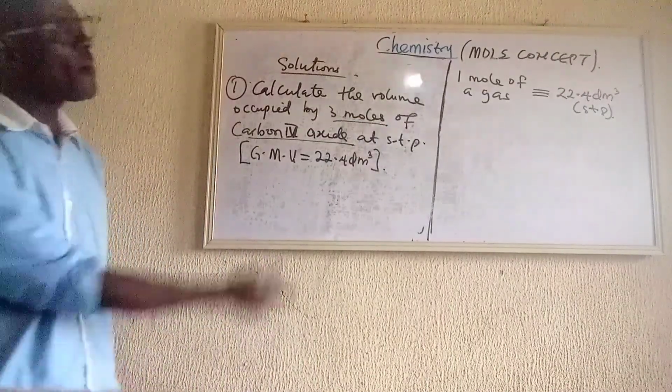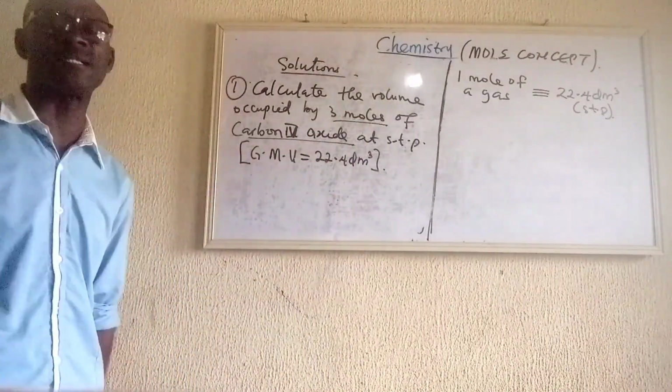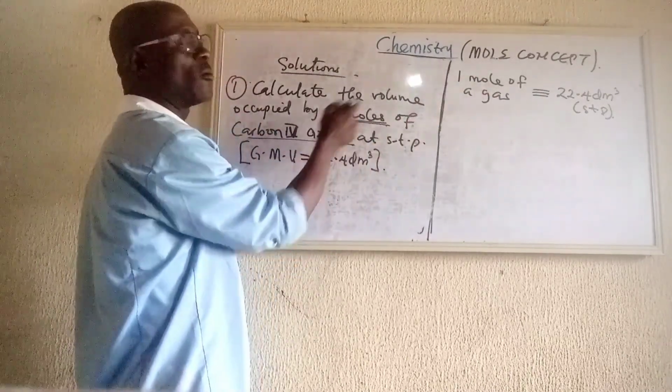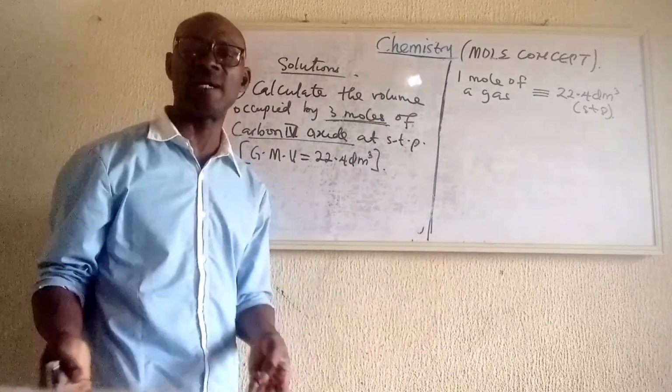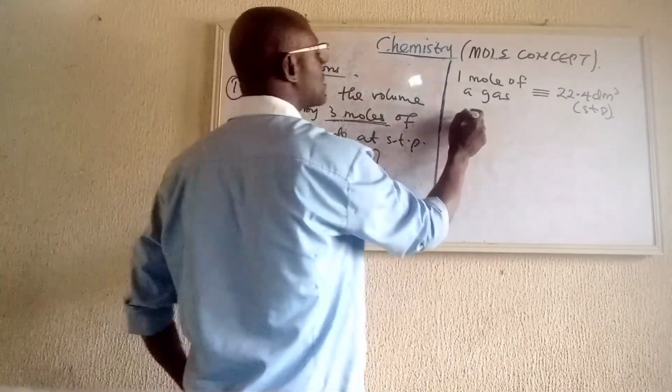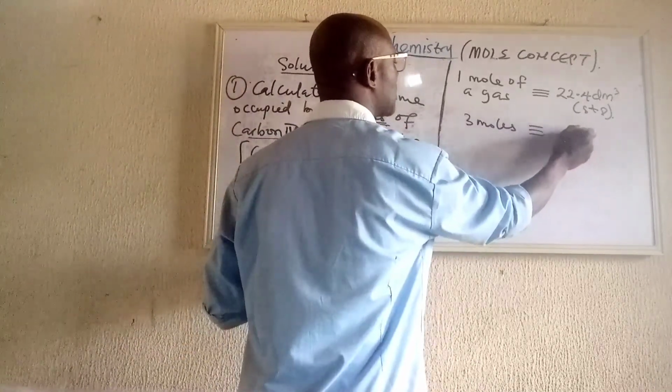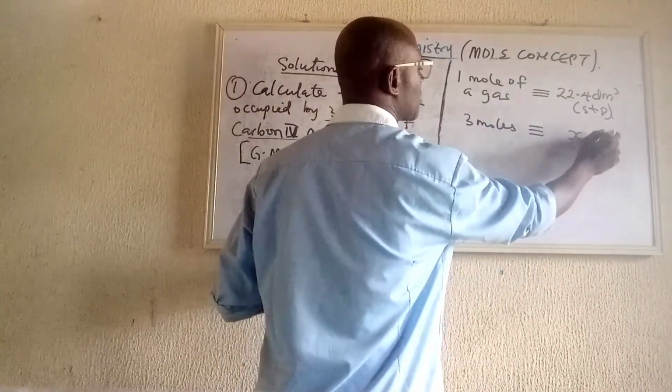So, if 1 mole of a gas is equivalent to that, definitely, how much volume will 3 moles be equivalent to? This is now mathematical. 3 moles will be equivalent to, let's say, x dm³.